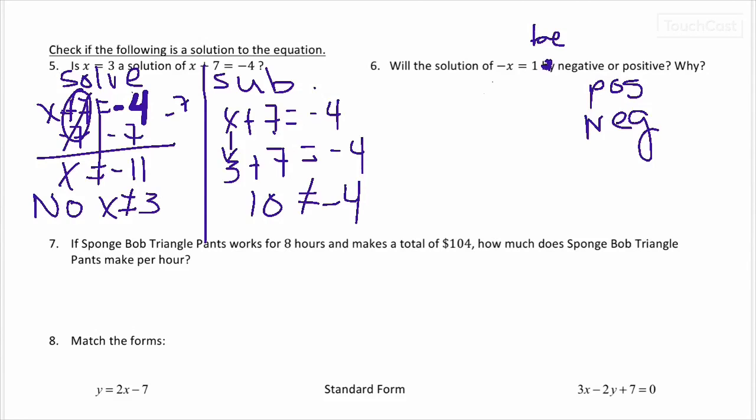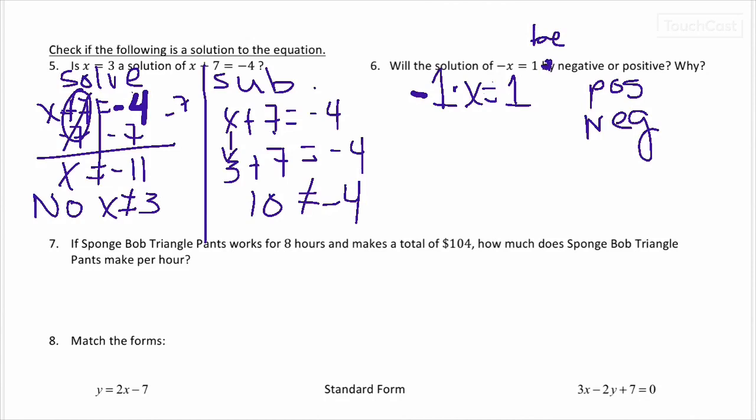Okay, and that'll help out a lot now. Okay, so will negative 1, yeah, you thought I would have known, times x equal 1. Okay, will that equation be a positive answer or a negative answer? Negative solution or a positive solution?